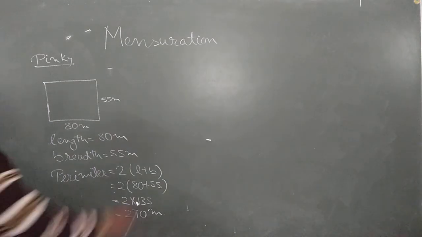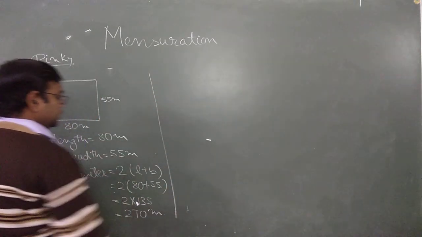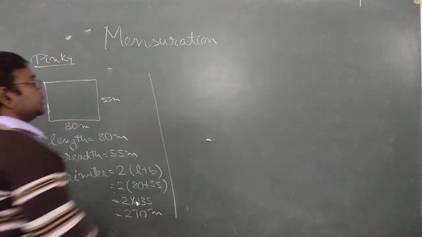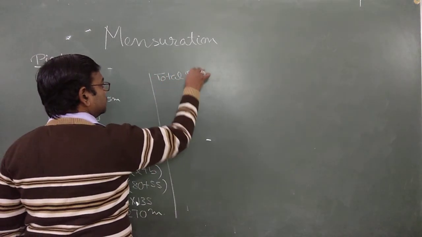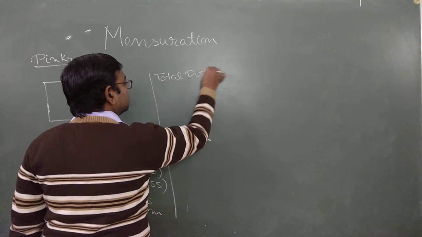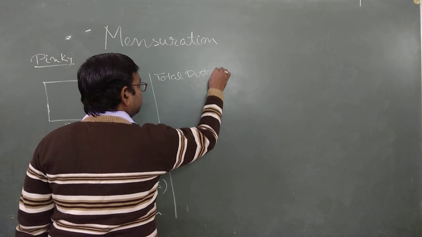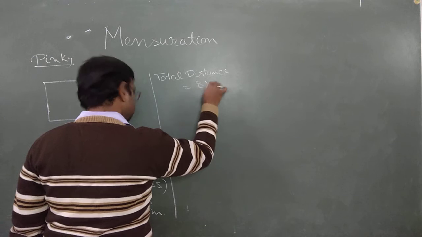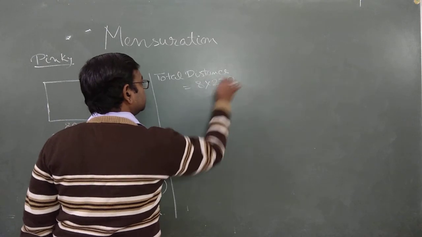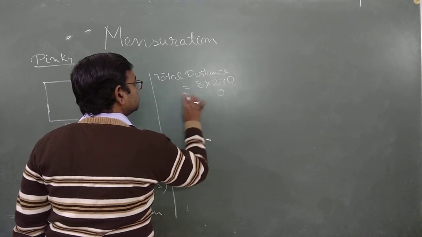Now, the question says that Pinky runs 8 times. So total distance covered, I have not written, read the formula. Read the question properly. Total distance equals to 8 into 270.